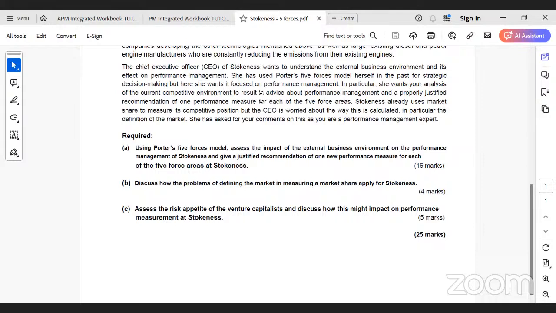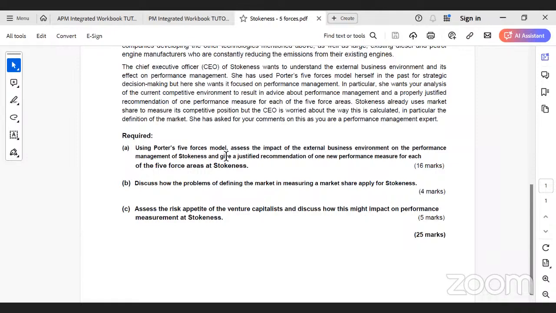So of the 16 marks, allocate 5 for 5 performance measures. The performance measures you need to just say, for example, let's say market share, and just say one line. That's it. You don't have to go on explaining much, right?